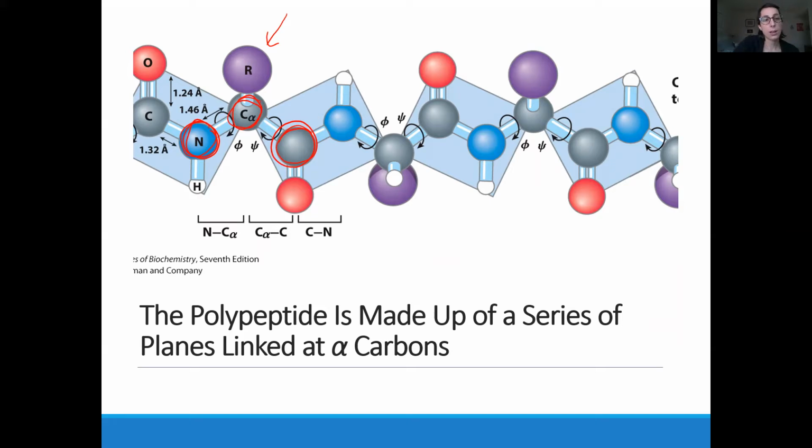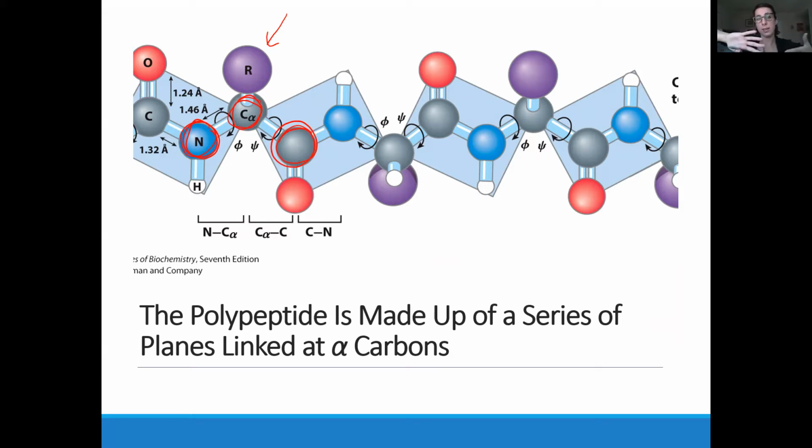So the angle of this central carbon to its nitrogen is one of those angles. And the angle that consists between this carbon and the carbonyl bond is the other angle. So again, you can think about these as essentially rotating planes, as you see here. And depending on their orientation, you can get different secondary structure. But it's very limited.